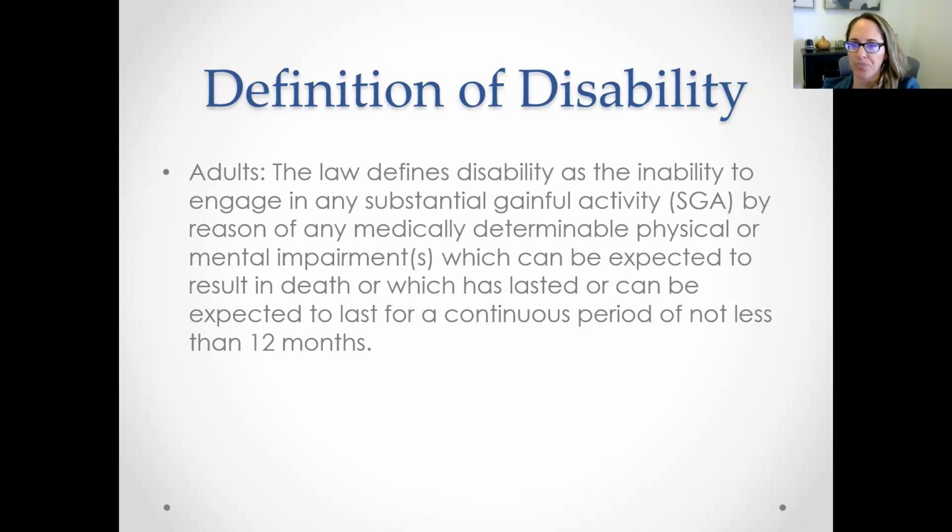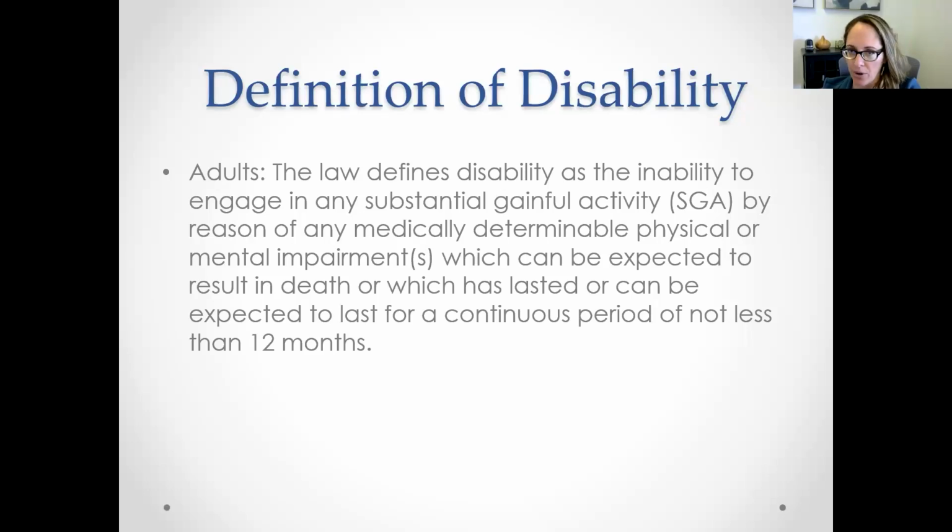Some counter examples: someone who gets in a car accident, is in the hospital in a coma for 3 months, then they get out of the coma, then they start doing better, and then miraculously they're better in 9 months and they're able to go back to their regular job 9 months later. Well, you could say that person was clearly disabled for those 9 months because of how bad their condition was.